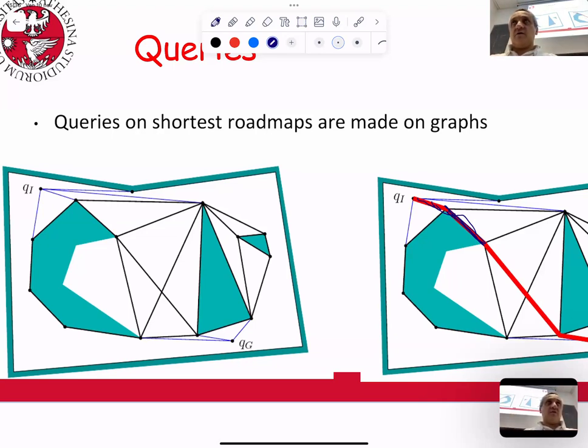This being said, I would like to conclude this part on combinatorial approaches. Combinatorial approaches are all about converting the structure of your path planning problem into something which is discrete in nature, which is a navigation problem on graphs.